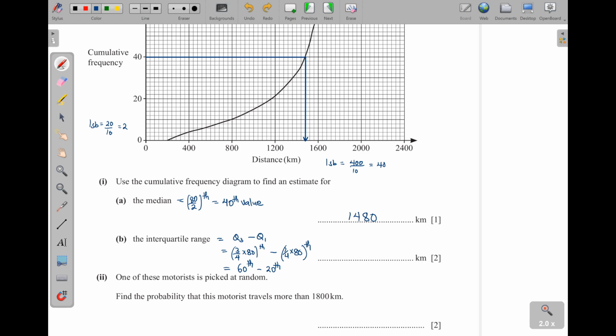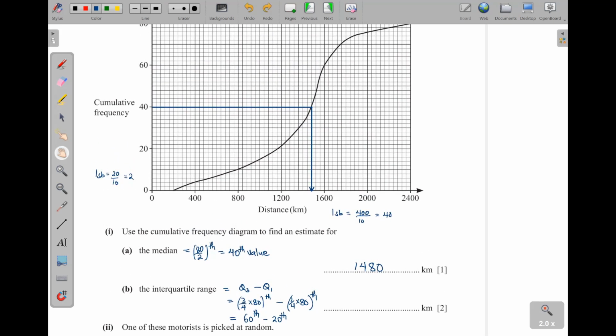So where is the 60? 60 is up here. Get your ruler, get to the 60, then where it meets with the curve, come down here, read off that value, which is 1,600. So we shall have 1,600, then we subtract. Q1 is 20, so come here where there is 20, then draw to the graph here and then read off down here.